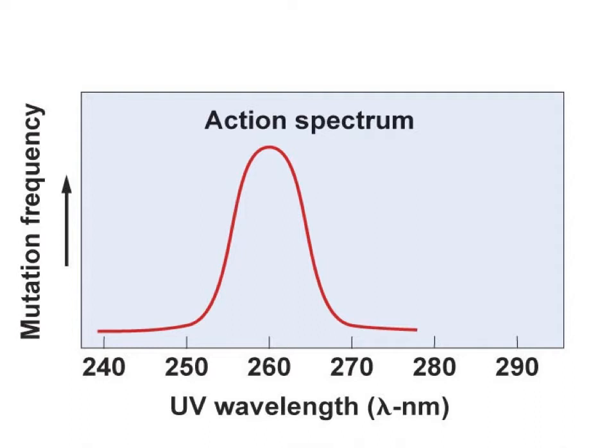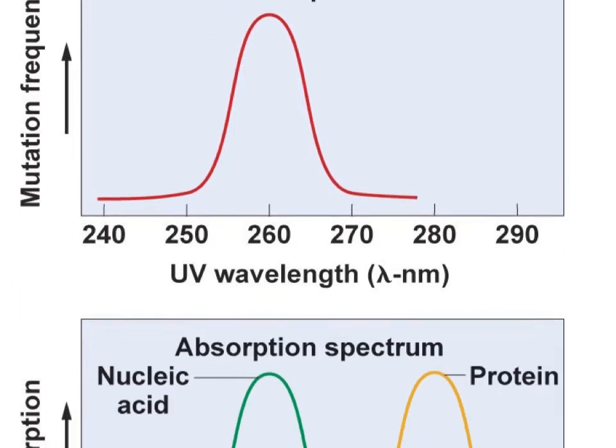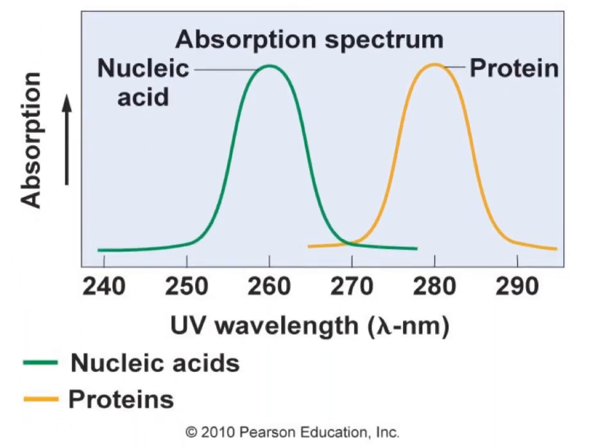And so if there's the question of whether that genetic information is DNA or protein, the observation that protein absorbs UV light at a much higher range in the spectrum, and nucleic acids absorb UV light right in the range where we observe the effects of UV light on genetic information.